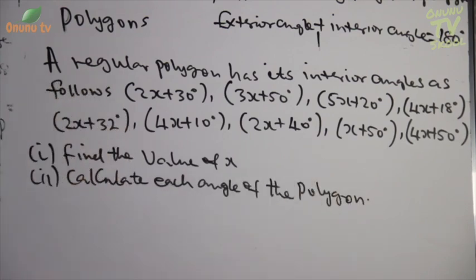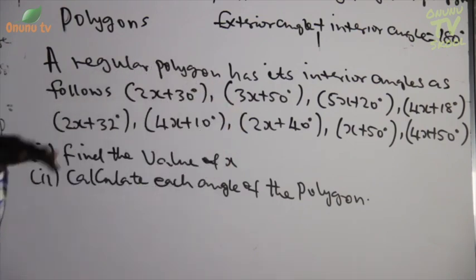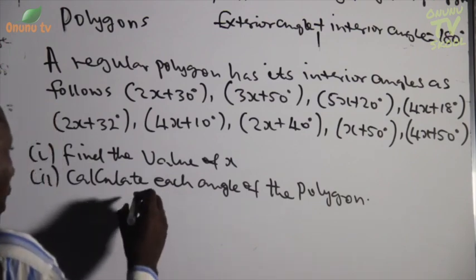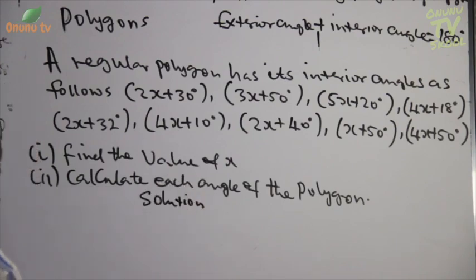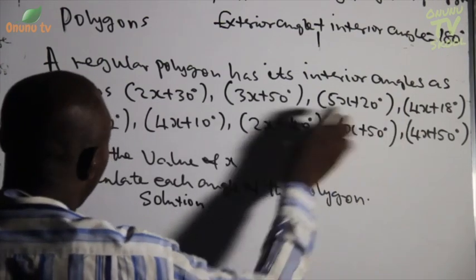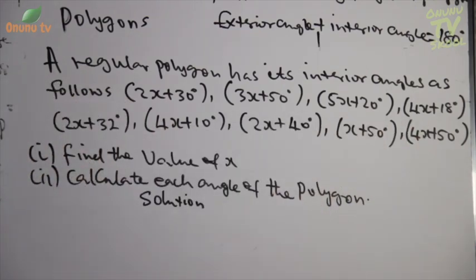This is a typical question. Now, for us to solve the problem, there is one thing we have to know. You know that the number of angles in a polygon determines the number of sides it has. So in this case, we have to know the number of sides of the polygon first of all. Now let's count. 1, 2, 3, 4, 5, 6, 7, 8, 9. Hence, that polygon is a nonagon.